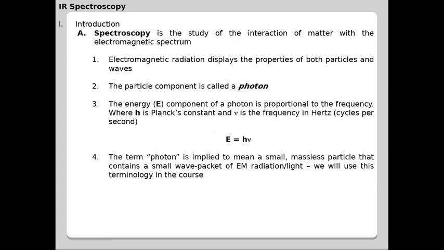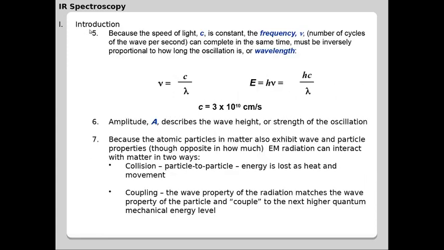This is also the same principle for vibrational spectroscopy. But compared to electronic or rotational spectroscopy, here the transition happens between vibrational energy levels. I hope you remember the relationship between energy, frequency, wavelength, and wave number.